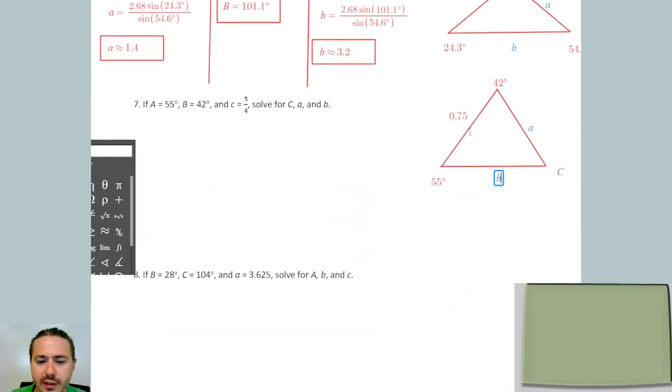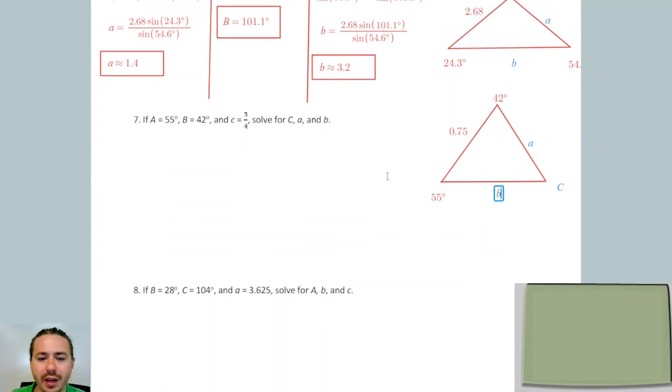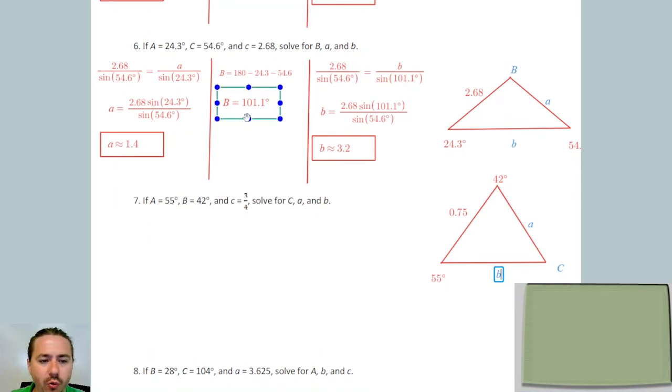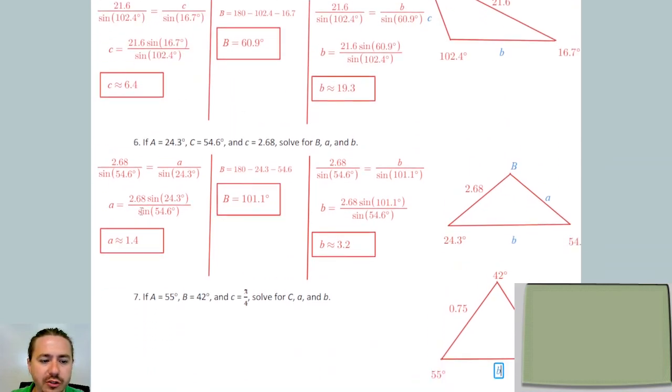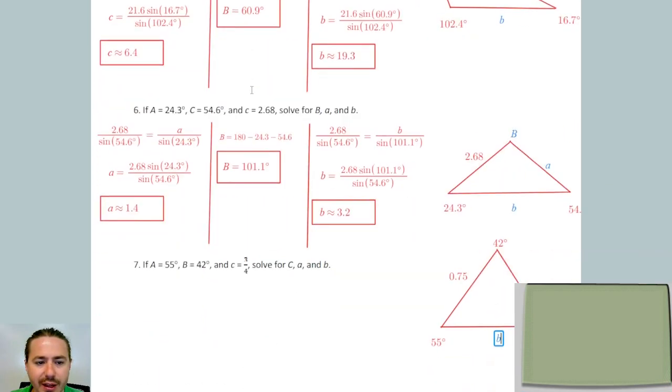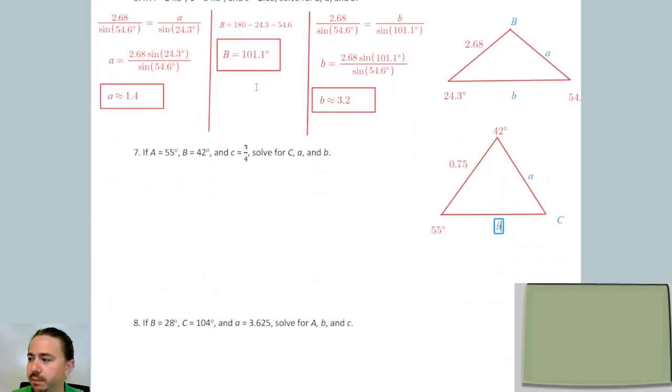This is going to be the angle, side, angle case, where you're basically going to solve it the same way, but you don't have that pair of an angle and a side to jump right into. Whereas before we were able to just start using law of sines to find the first side, in this one we're going to need to find the missing angle first. Over here we found it second, and I think we did that on pretty much every problem until this point. But in this case we're going to have to find angle C up front.